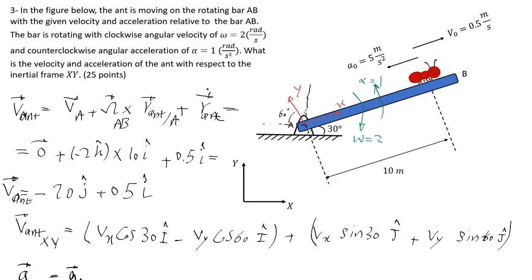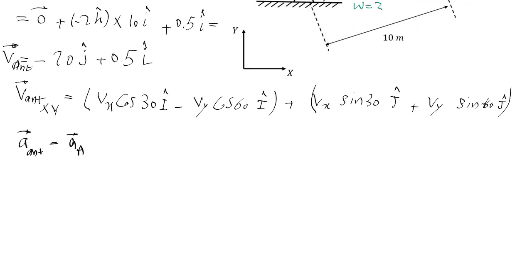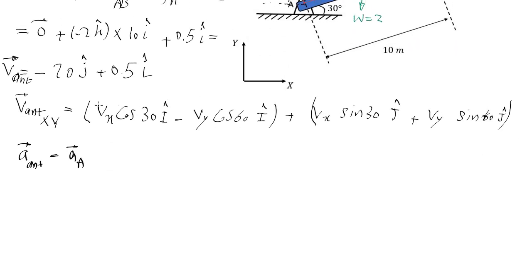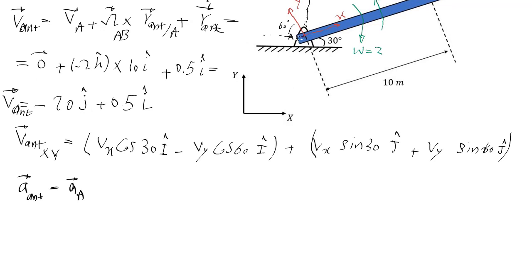Here the rigid body is AB, point A. We are writing the acceleration of the ant based on point A, which is a pin. So it's a pin point, and the acceleration of point A is equal to 0.